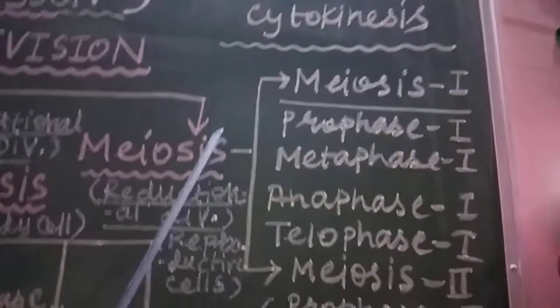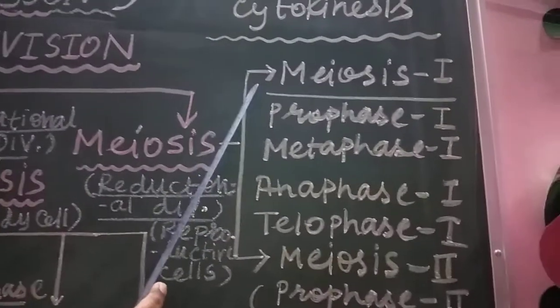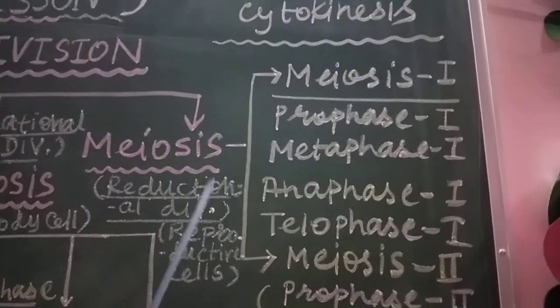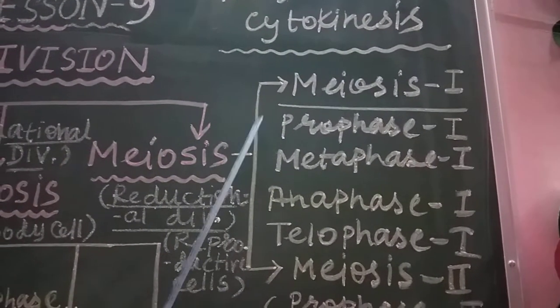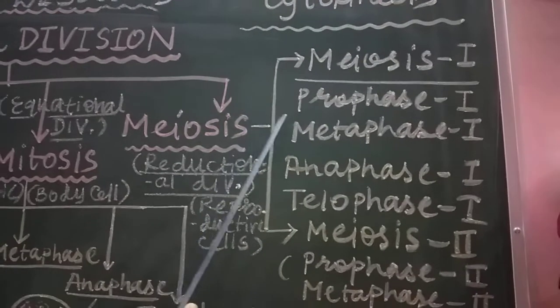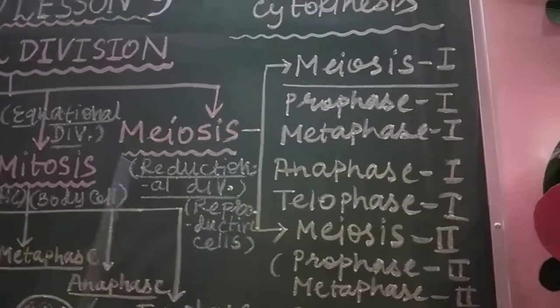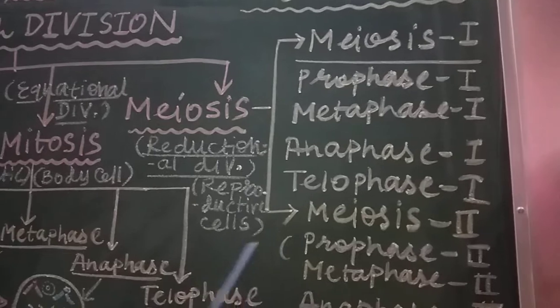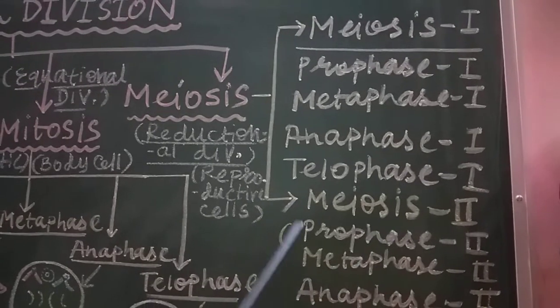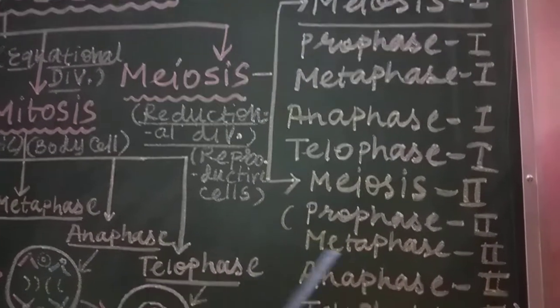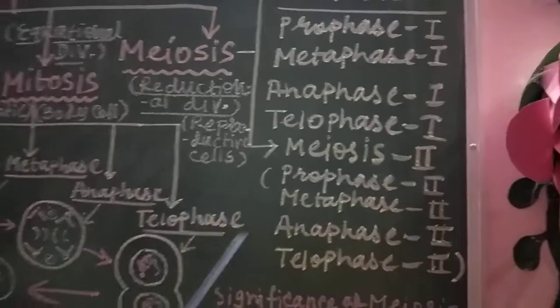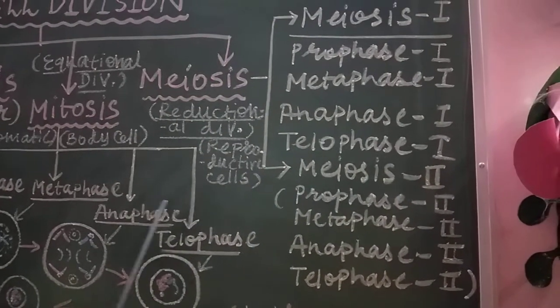But in meiosis, you can see here that meiosis occurs in two phases. This is meiosis 1 and meiosis 2. Meiosis 1 is the longest one, where prophase 1, metaphase 1, anaphase 1 and telophase 1 stages occur. And after that, meiosis 2 occurs, where prophase 2, metaphase 2, anaphase 2 and telophase 2 occur. This is actually just like the mitotic cell division.